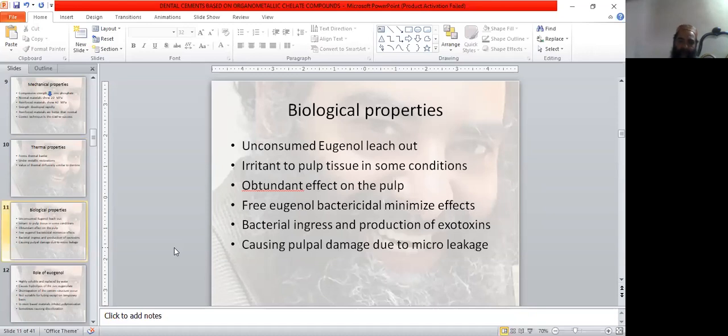Biological properties, unconsumed eugenol leaches out from the restoration, irritant to pulp tissue in some conditions, having an obtundant effect on the pulp. Obtundant means soothing. Free eugenol is bactericidal, and minimizes effects.